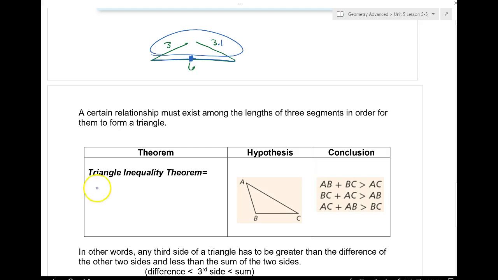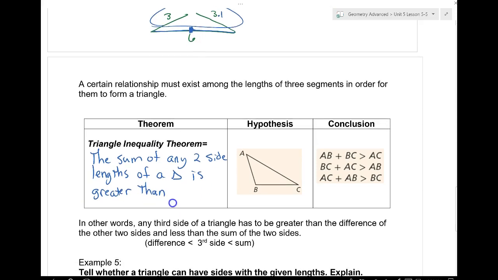The triangle inequality theorem says the following: the sum of any two side lengths of a triangle is greater than the third side length.